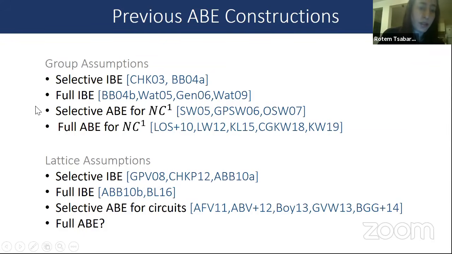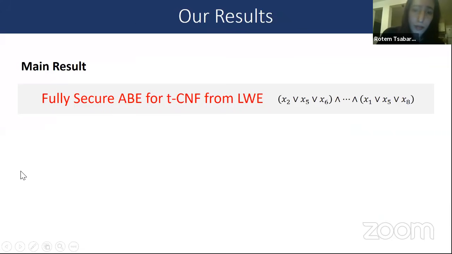And then there was a large breakthrough with the constructions from bilinear groups where they achieved a fully secure ABE for an expressive function class. But still with lattices, this question remained open. So what we do in this work is to show a fully secure ABE construction, and the function class that we support is not all circuits, but it's t-CNF.